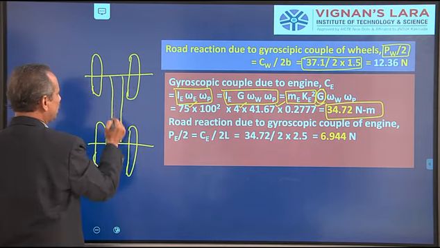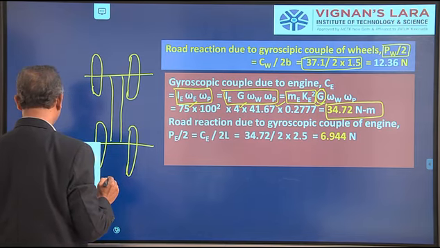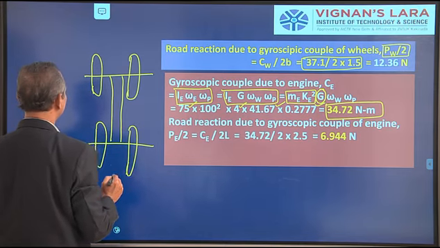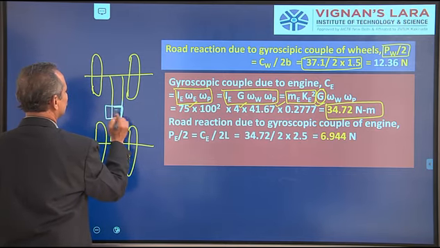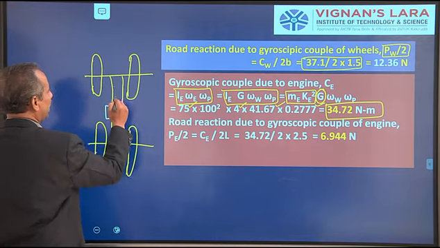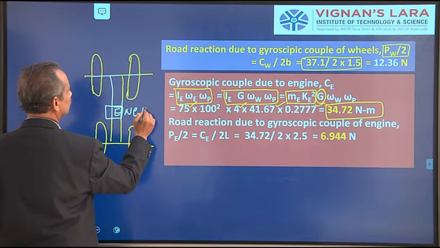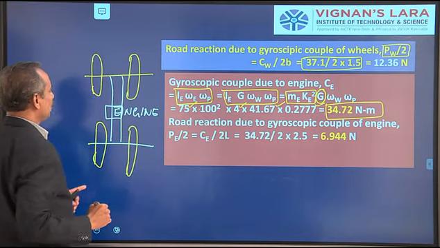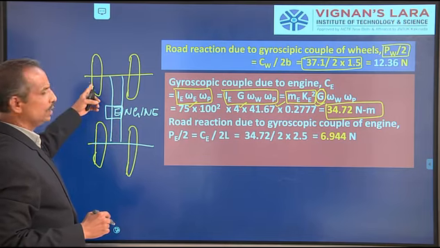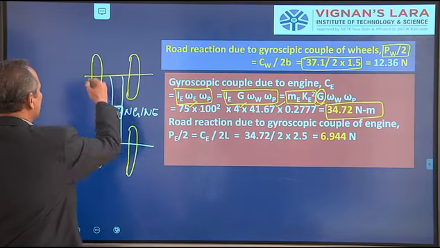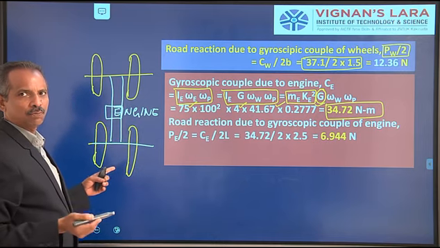The engine is not in this plane. In the earlier problem, the engine was in the wheel plane, whereas here the engine is not in the same plane. Suppose the wheel is in this plane, then the engine is in the opposite plane.